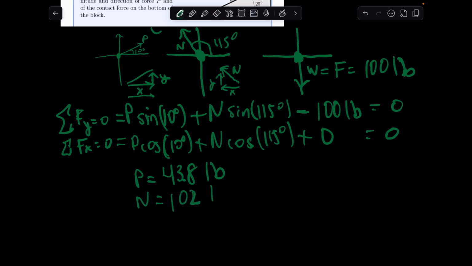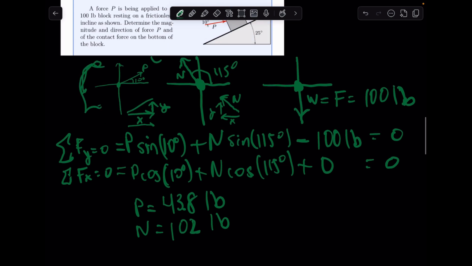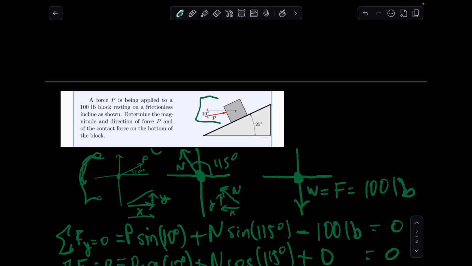102 pounds. We have to remember that when talking about forces, we have to talk about magnitude, which is the pounds that we described here, but also direction. So we also have to describe the direction of the vector. In this case, P, as we established here, we set it equal to 10 degrees because that was given in the problem, 10 degrees, right?